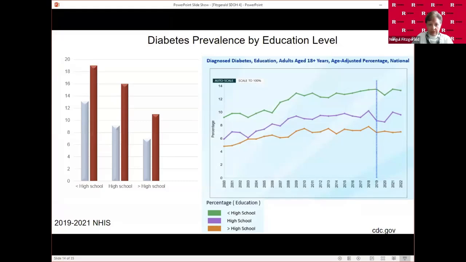As the education level goes up, the diabetes prevalence numbers go down. And again, looking at these patterns over the years, we see this separation in the green line, having less than high school education. This group has the highest prevalence rates over the years in terms of diabetes.